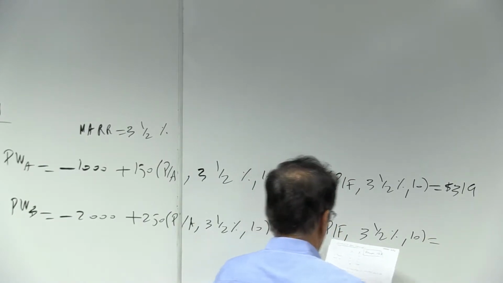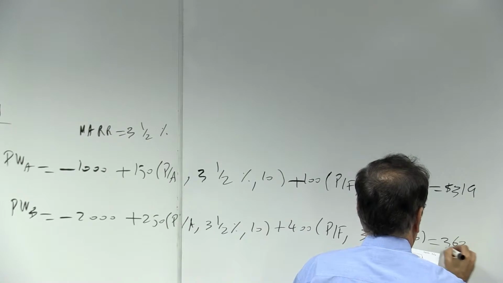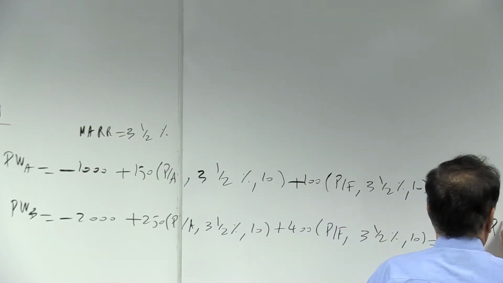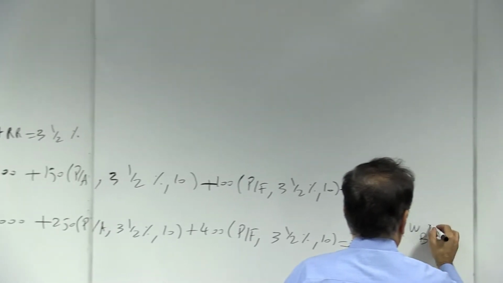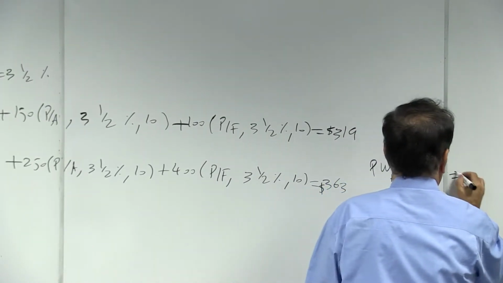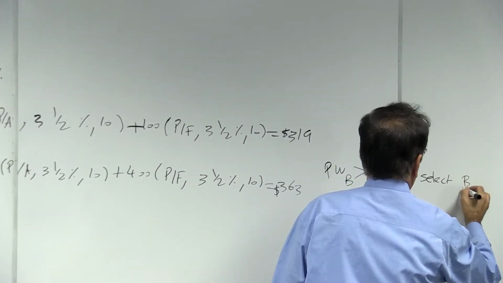So this one is going to be equal to $363. So obviously, the present worth of B is larger than the present worth of A. Therefore, we select alternative B here.